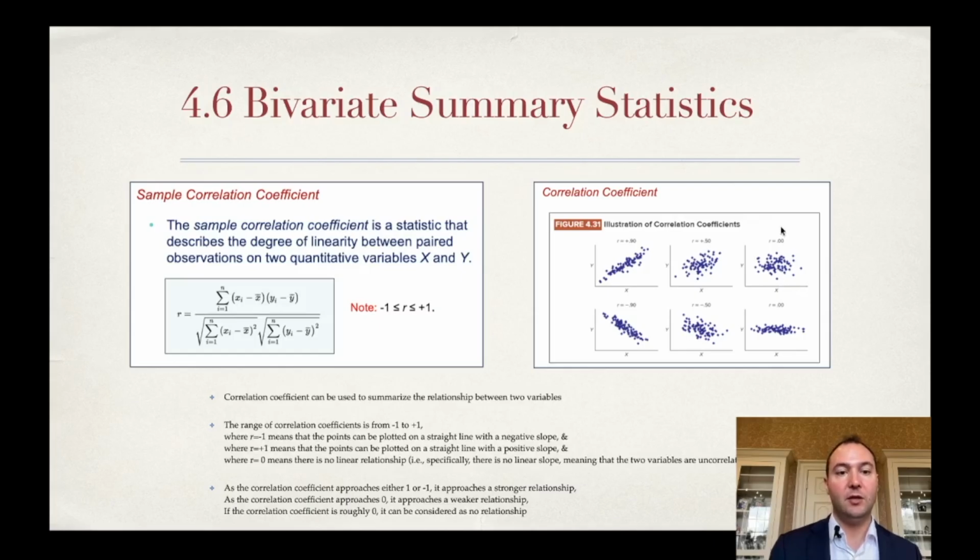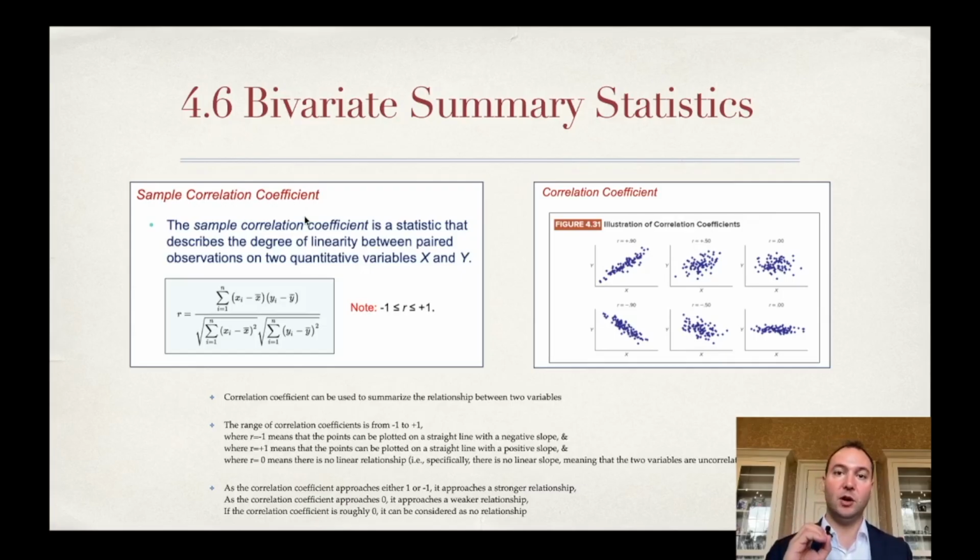The correlation refers to the linear relationship between the two variables. Let's call one x and let's call the other y. It doesn't matter what you're measuring, we're just labeling one variable as x and the other one as y. And to assess the relationship between these two variables, we can calculate the sample correlation coefficient.